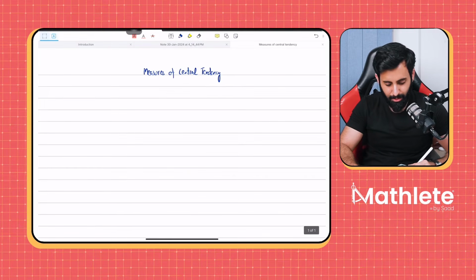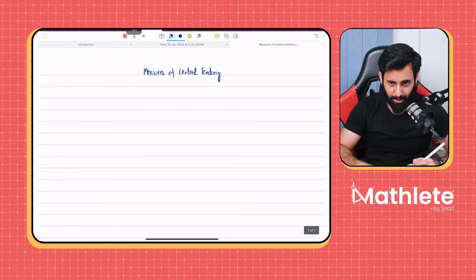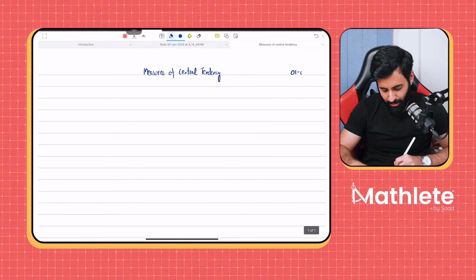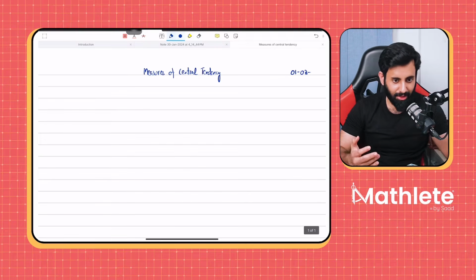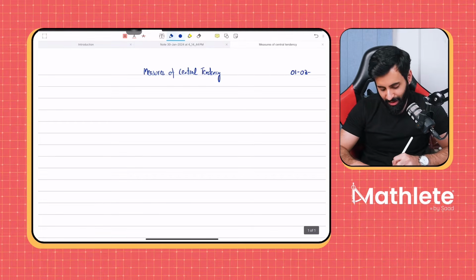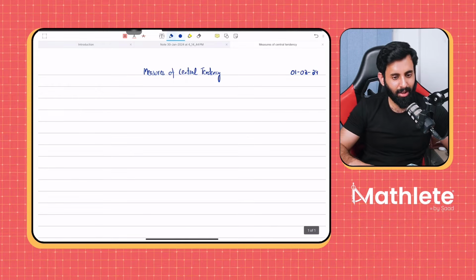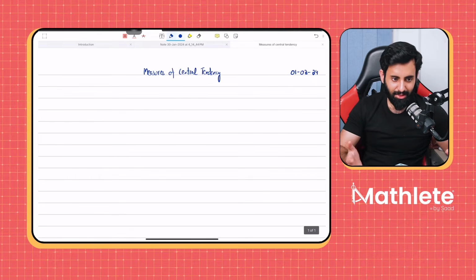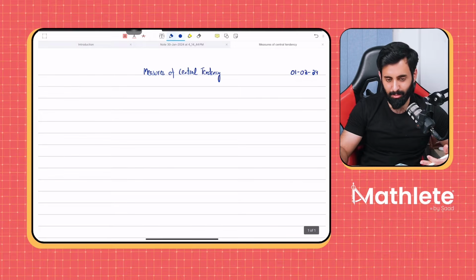This is the name of the topic. And that's what I'm asking you. Does it remind you of something? Okay, now the interesting thing is that this topic was in O levels as well, except that we never really called it by its actual name. Yeah, it's mean, median, mode. So measures of central tendency, that's what mean, median, and mode are.